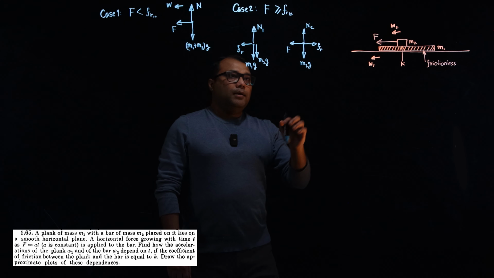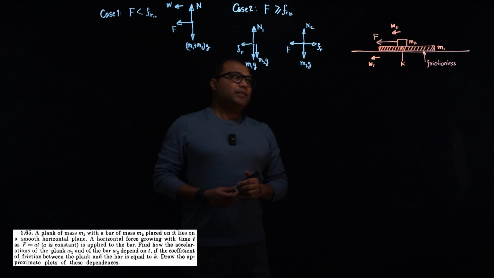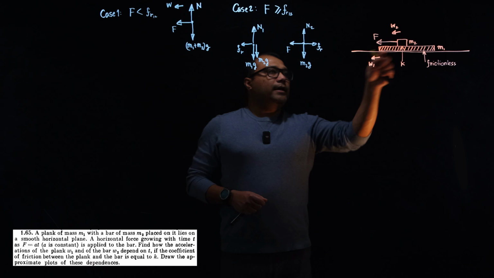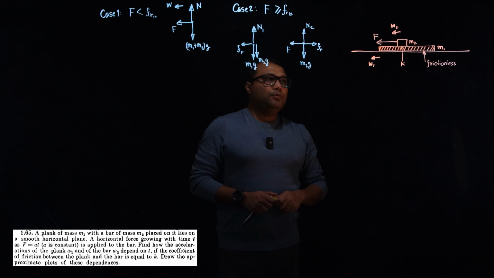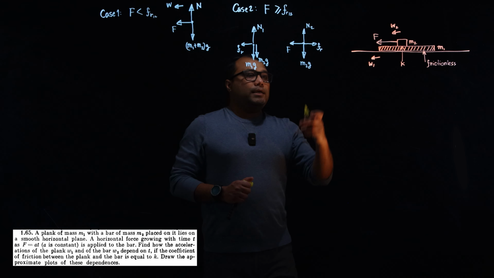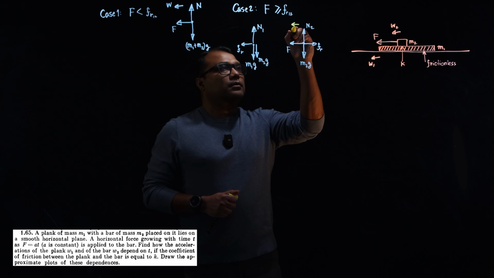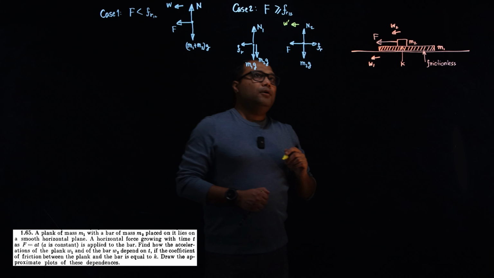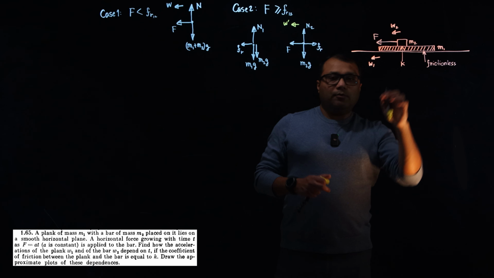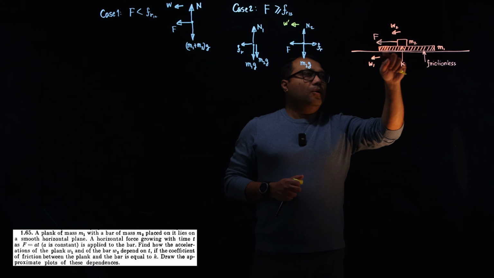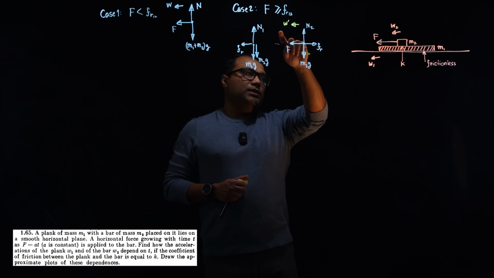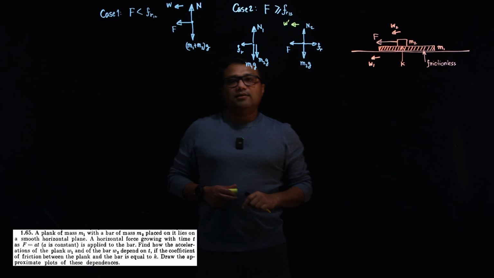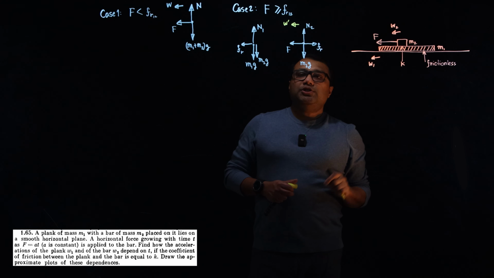Now in this diagram there is another additional thing that is missing. And what is that? Because we are looking at this body m2, let's say we are saying it is accelerating with some acceleration w' with respect to m1. Now because we are analyzing this body in the reference frame of m1, w' is the acceleration of m2 with respect to m1. m1 is itself accelerating, so it's a non-inertial frame.